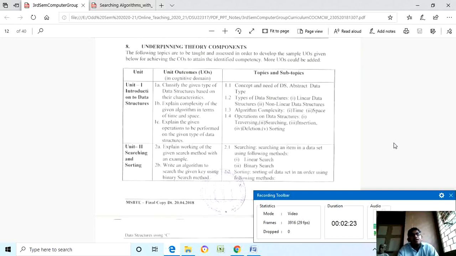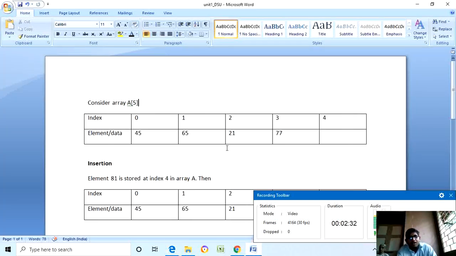Now in a computer system we consider data. Consider that we have an array. You are familiar with the concept of array. In the last semester you have seen what an array is. Now A is my array and this 5 represents the size of the array.